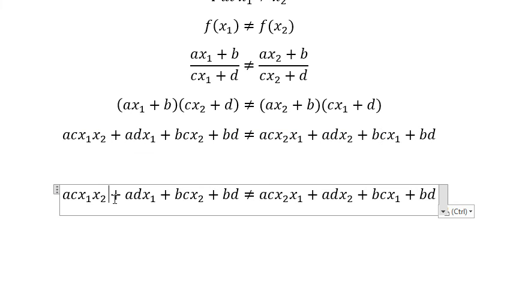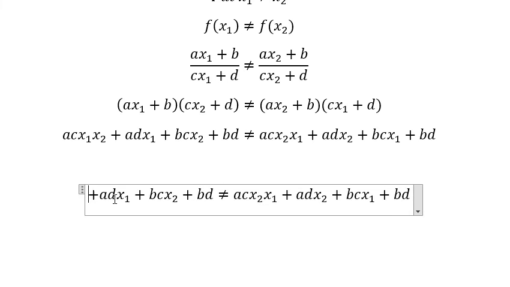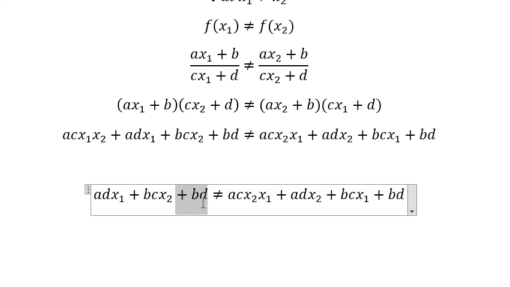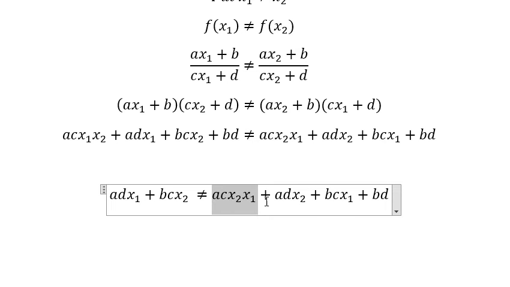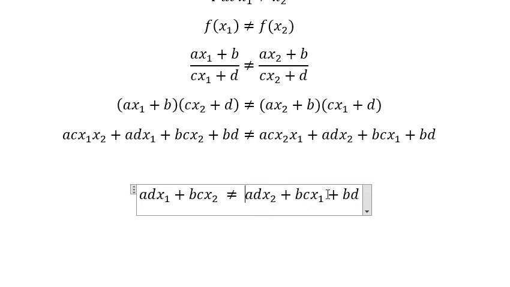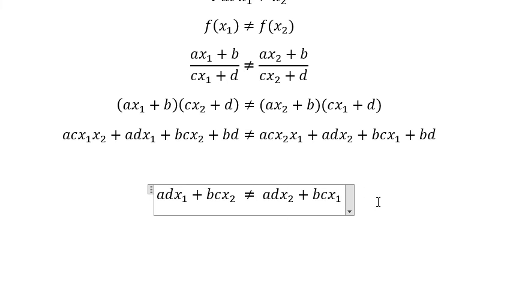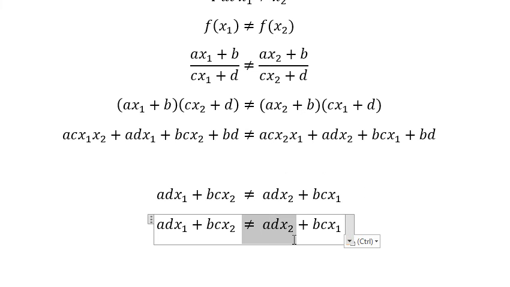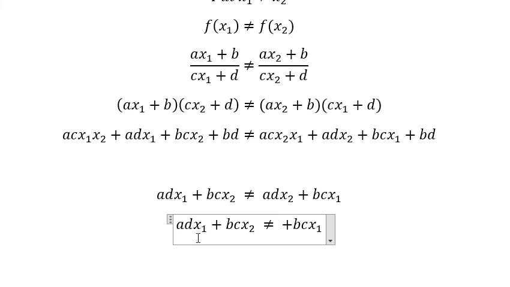So now we have like this. I will put this one to the left, this one to the left. So we have like this.